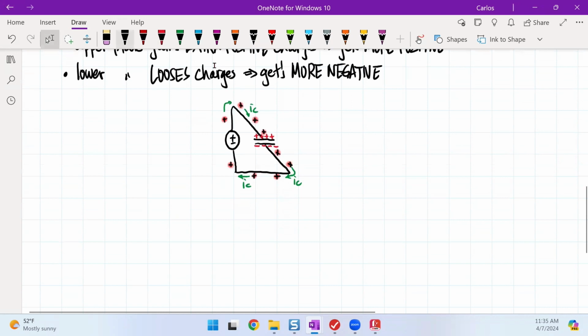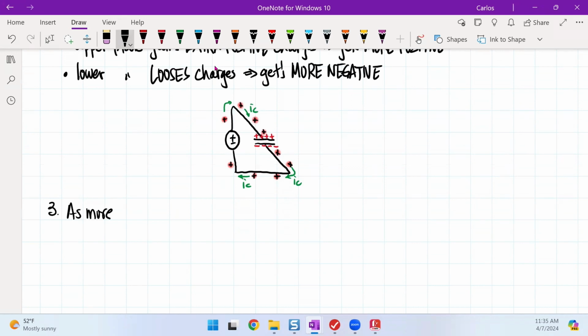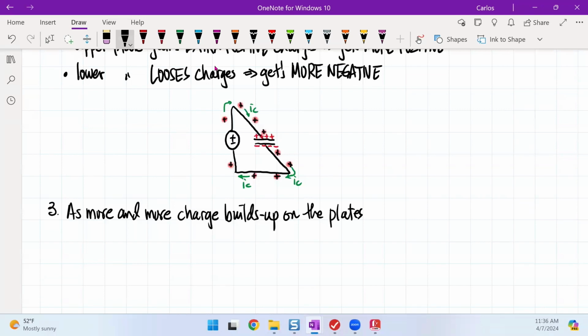So now, just to put in words what I just stated here, step 3: as more and more charge builds up on the plates, the capacitor's potential increases.